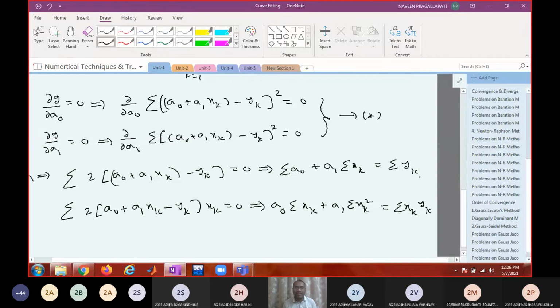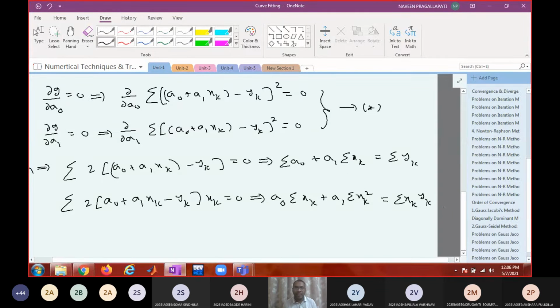Okay, so what is sigma a naught? Can you tell me what is sigma a naught? Sigma a naught means what? a naught plus a naught plus, and so on, plus a naught n times. Do you agree? Because k runs from 1 to n. Therefore, sigma a naught is nothing but n a naught.